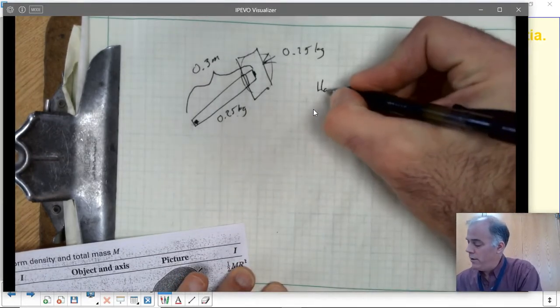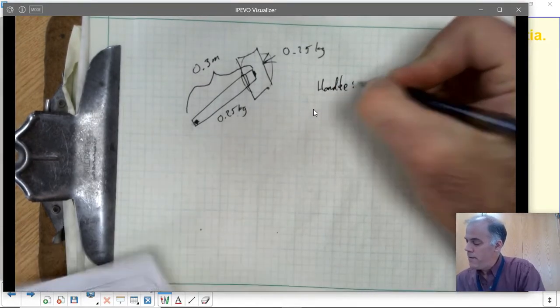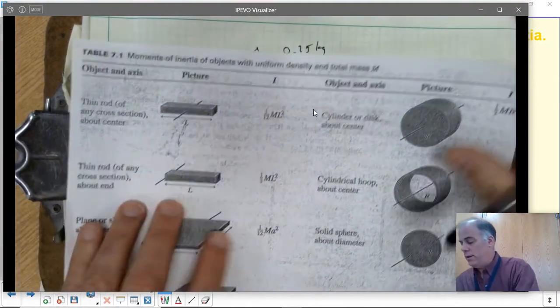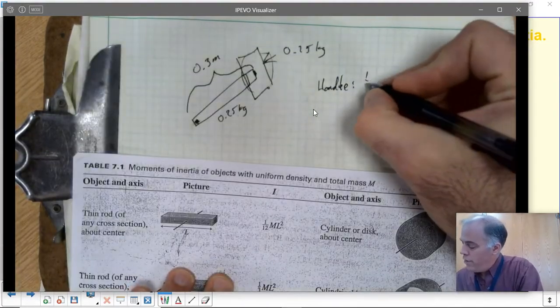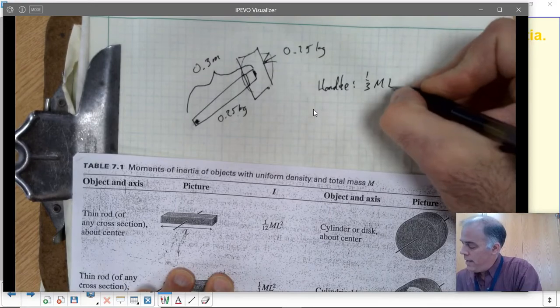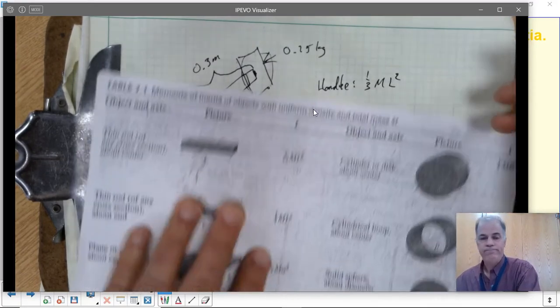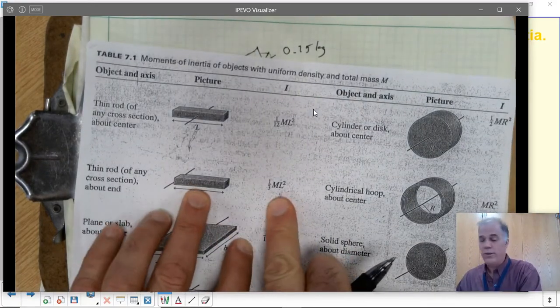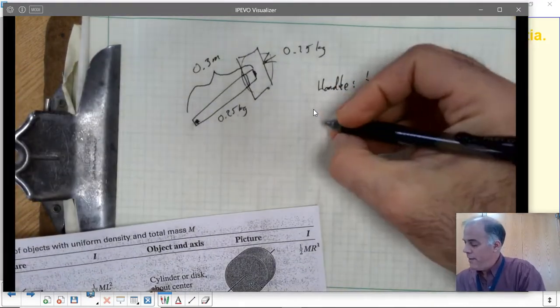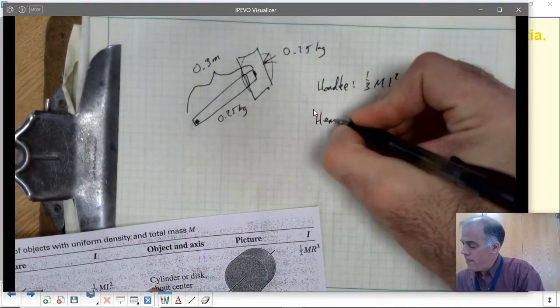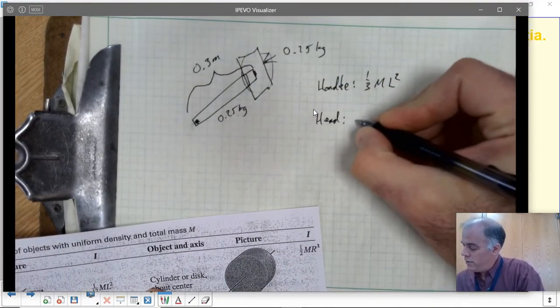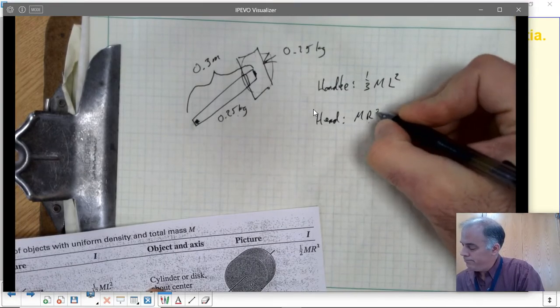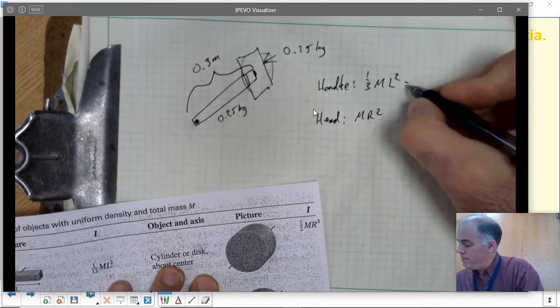So let's do the handle. The formula for that is 1/3 ml squared. That's this formula right here, and it's in your book as well. And then the head is just mr squared. It's the simplest one of all.